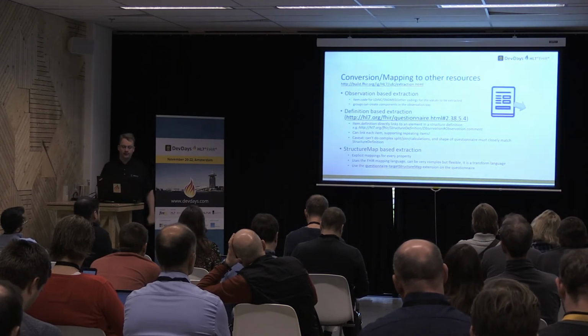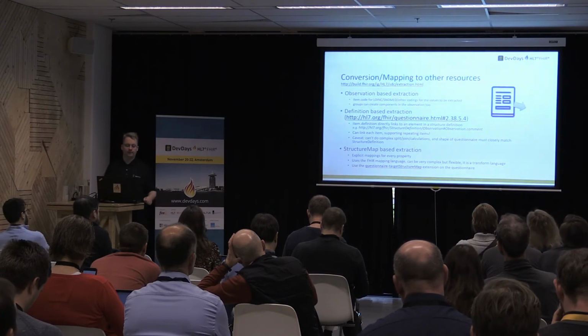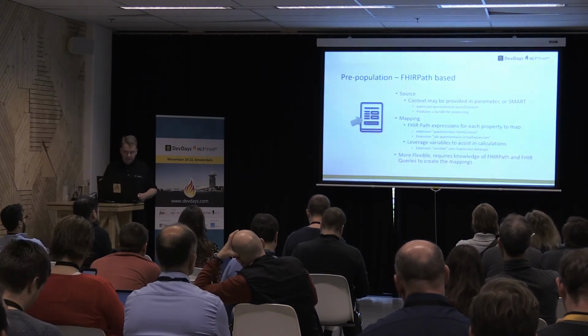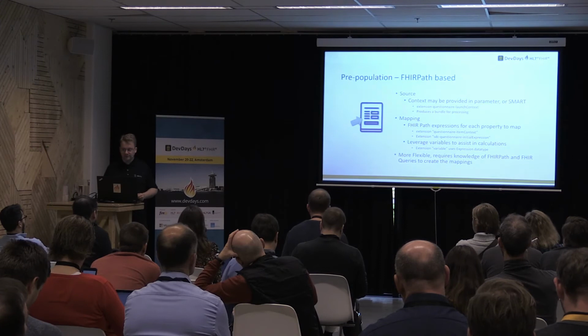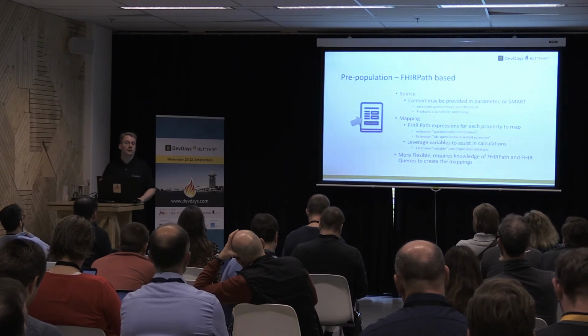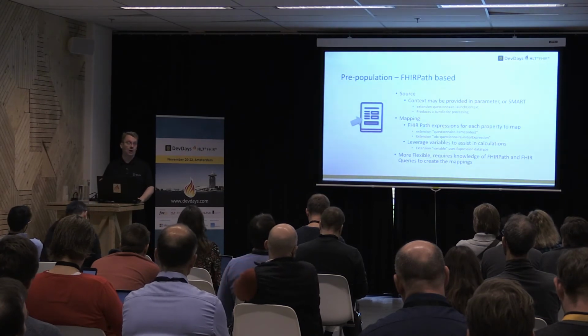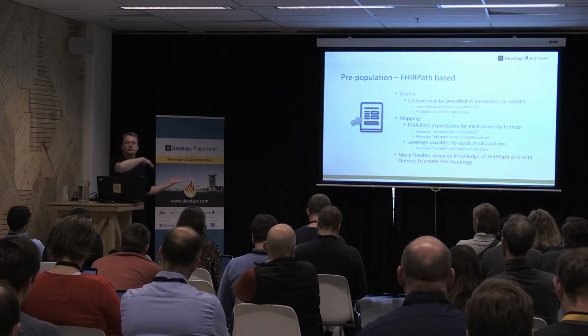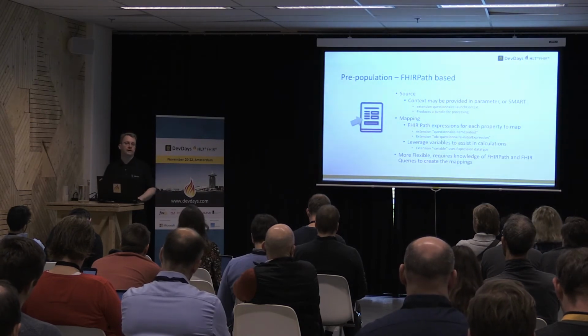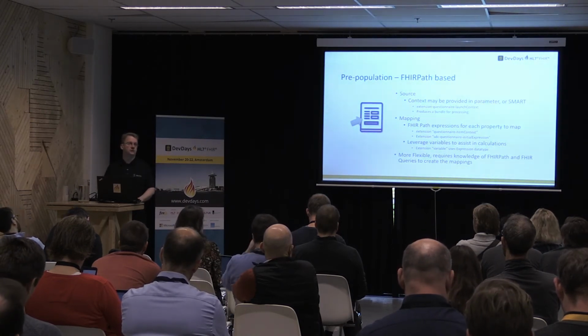The last mechanism, actually, I think I'm missing the slide for the last mechanism. The last mechanism is StructureMap, which allows you to create complex mappings that use contextual information, can iterate through collections, can perform transformations, can do code mapping, to do pretty much anything.